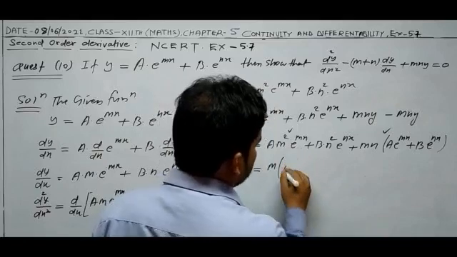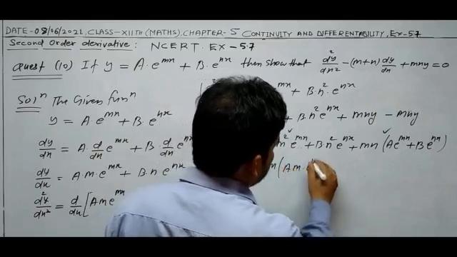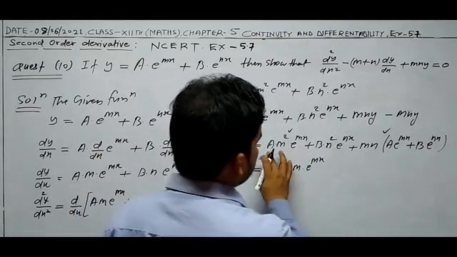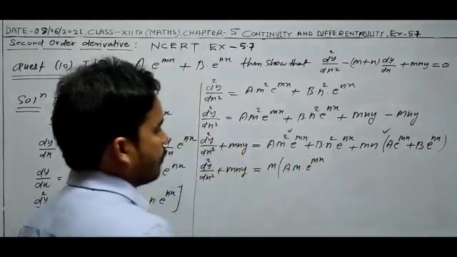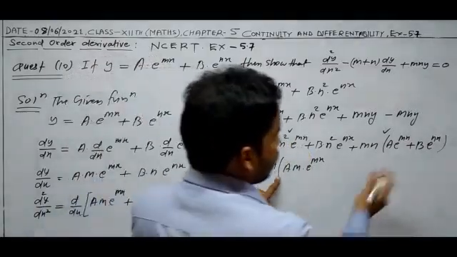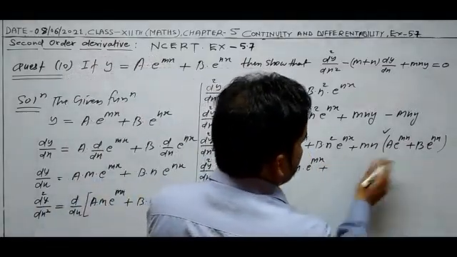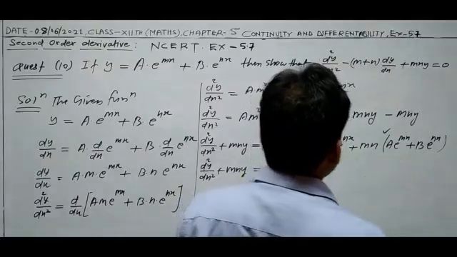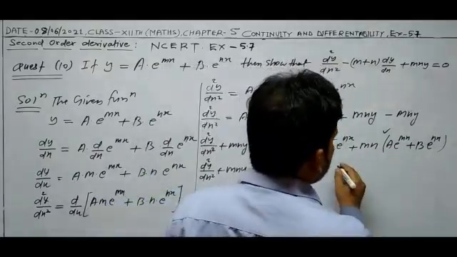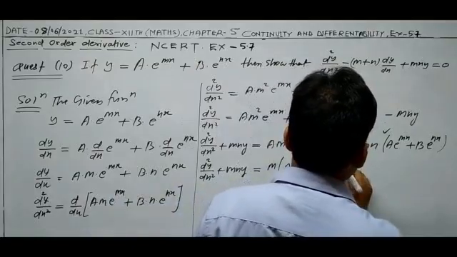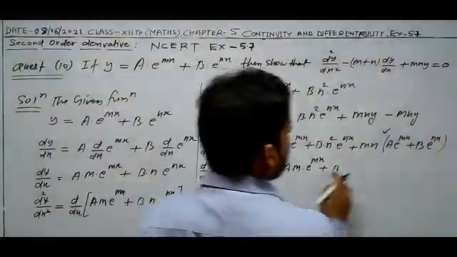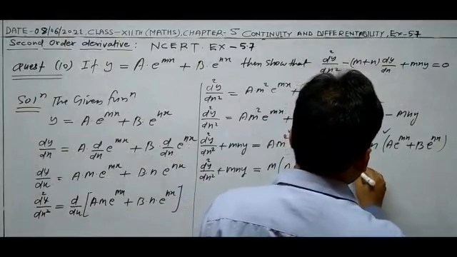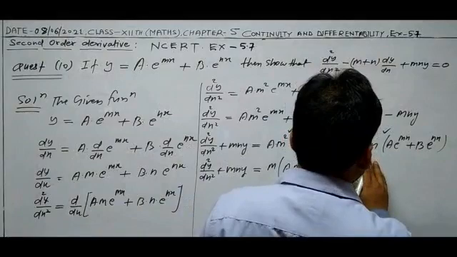M is common, then a into m into e to the power mx, at the place of am square e to the power mx. When you take m common, from this term the result will be n times a into n into e to the power mx.